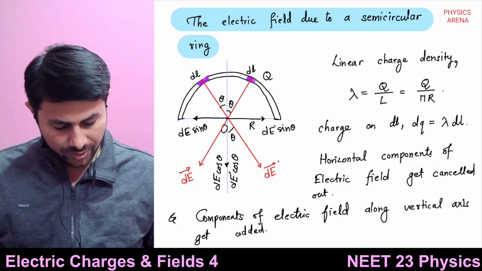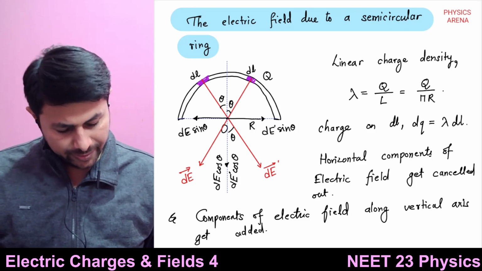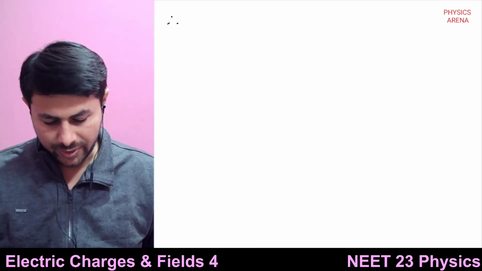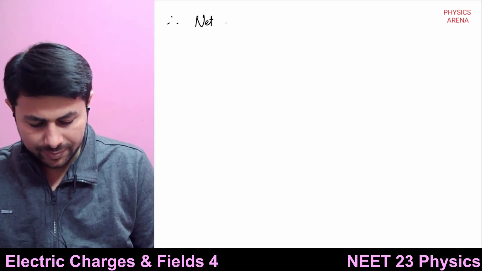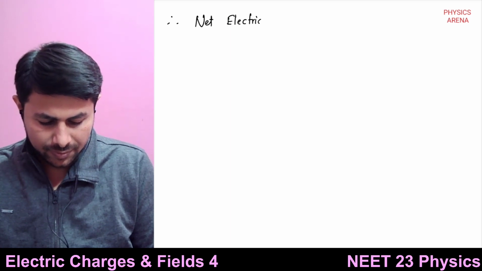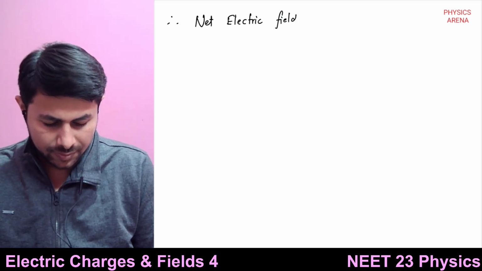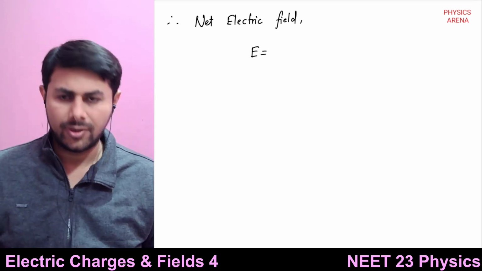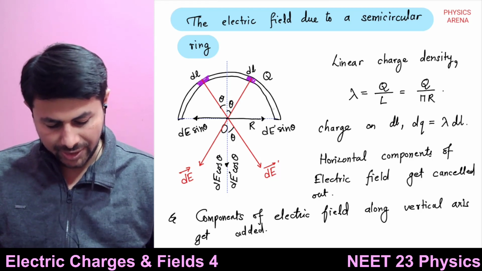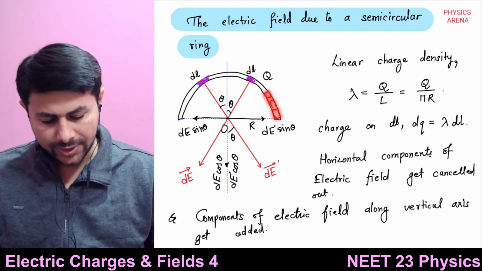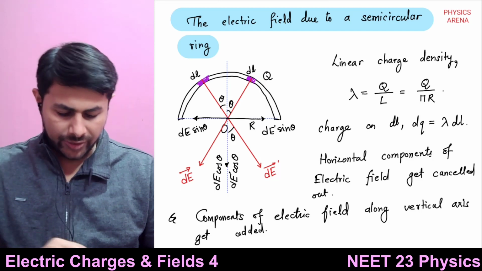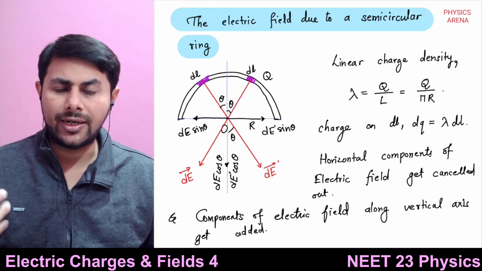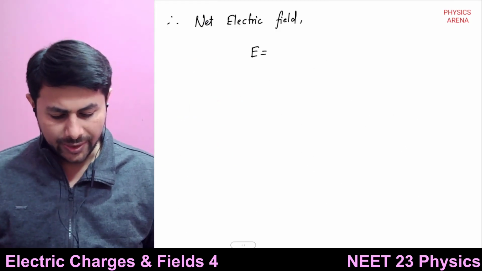Okay, so therefore what we can say is the net electric field is along the y-axis, and it is E equals to, now if we take the summation of the electric field due to all such length elements, and we take continuous summation, continuous addition, that means actually we take an integral. Okay, so we take an integral.